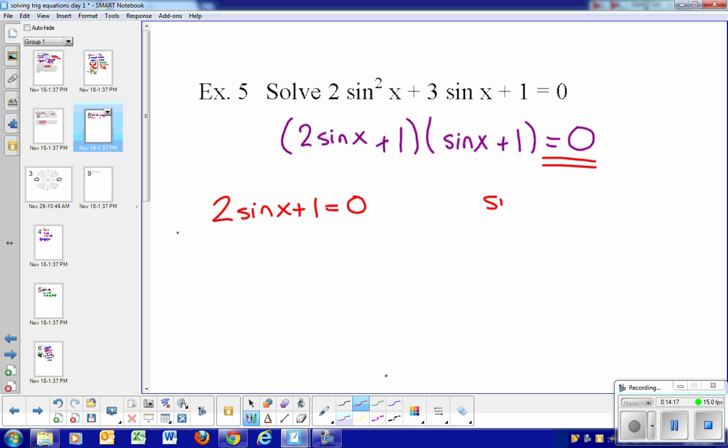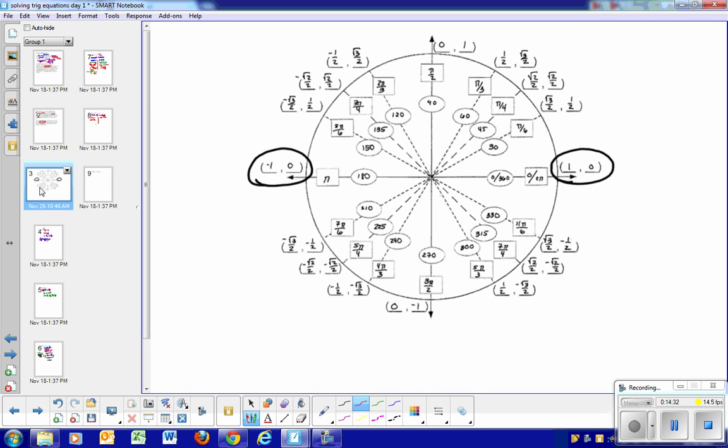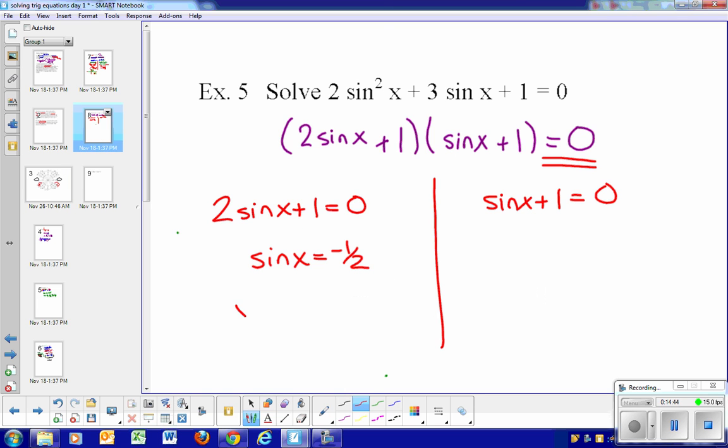If this left side equation is true, you subtract the 1 and divide by 2. And you get sine of x equals negative a half. Unit circle time. Where is sine equal to negative a half? So those are our values, 7 pi over 6 and 11 pi over 6. And on this part, we'd get the sine of x equals negative 1.